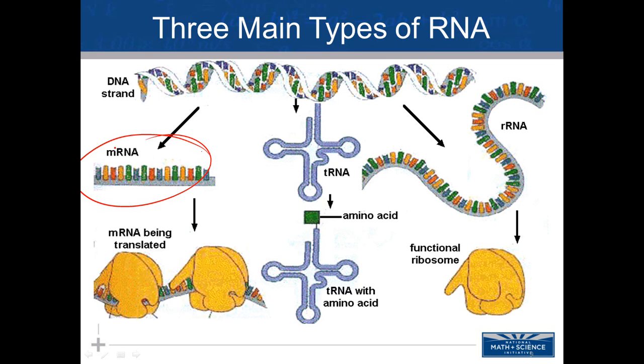Transfer RNA is responsible for bringing the correct amino acid to a ribosome and the messenger RNA in the process of translation. So looking at this, here's the transfer RNA. It kind of looks like a clover leaf, and then right up here is where we see an attached amino acid.